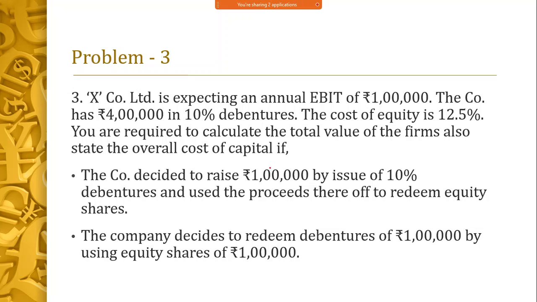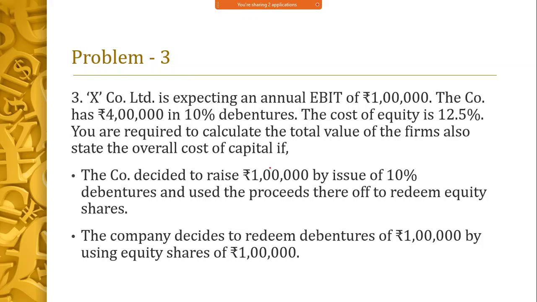Now the third problem tells that X Company Limited is expecting an annual EBIT of rupees 1 lakh. The company has 4 lakh in 10% debentures. The cost of equity is 12.5%. You are required to calculate the total value of the firm.